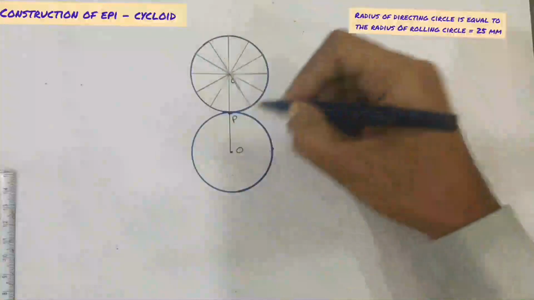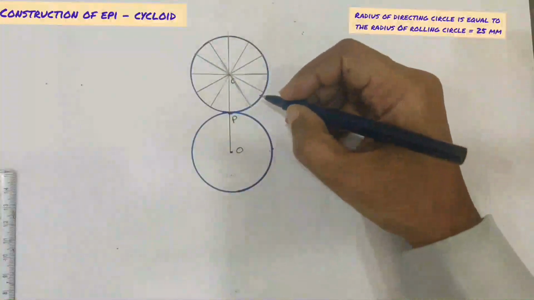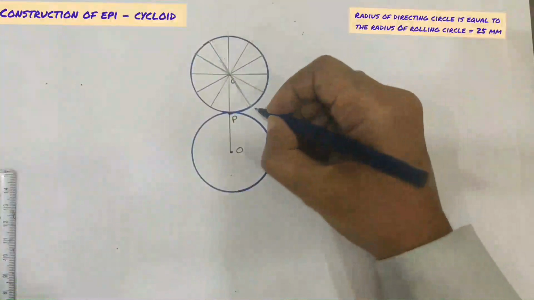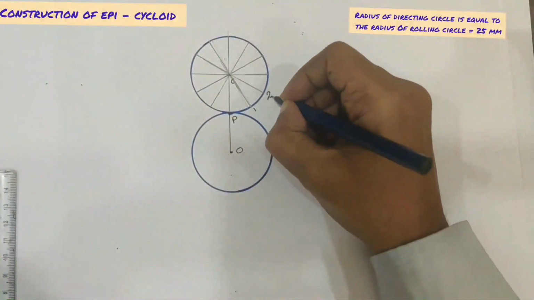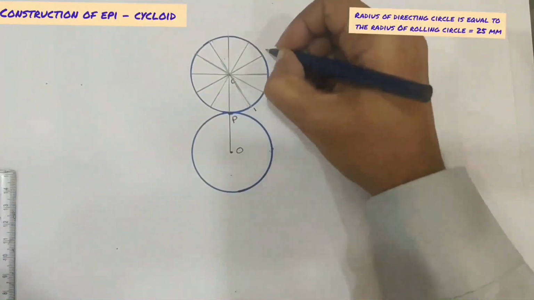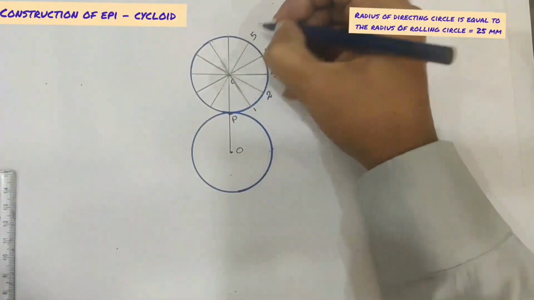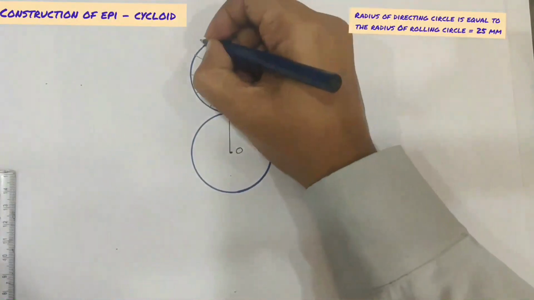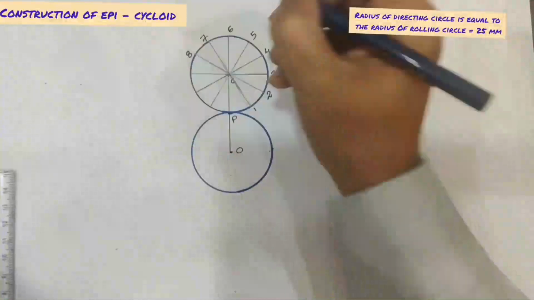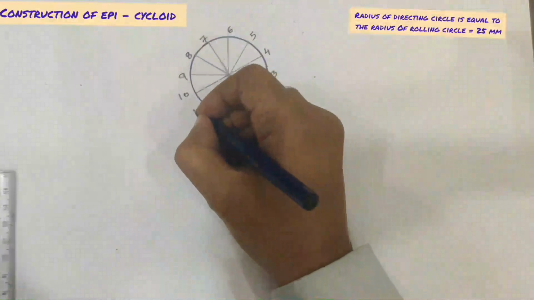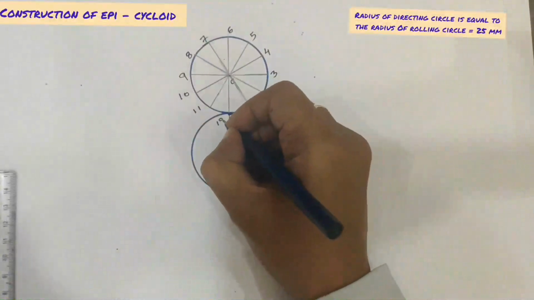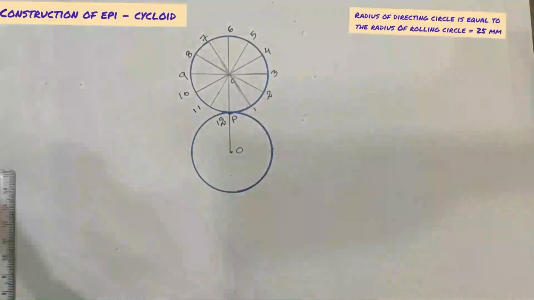After dividing the rolling circle into 12 divisions, give numbering on the rolling circle. Say 1, 2, 3, 4, 5, 6, 7, 8, 9, 10, 11, 12.